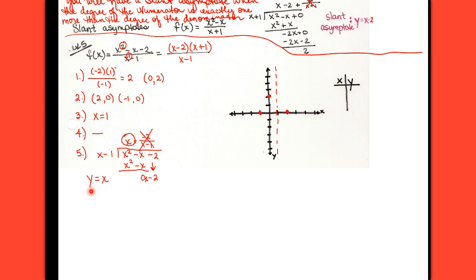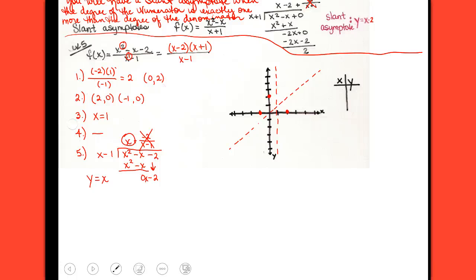Take that and set it equal to y, and that'll be our slant asymptote. Now, we know what y equals x looks like. That's one of those 6 graphs that we had to know from page 100. So let's go ahead and graph that. And I'm just going to draw it dotted instead of solid since it's an asymptote like we've been doing with our horizontal and vertical as well.